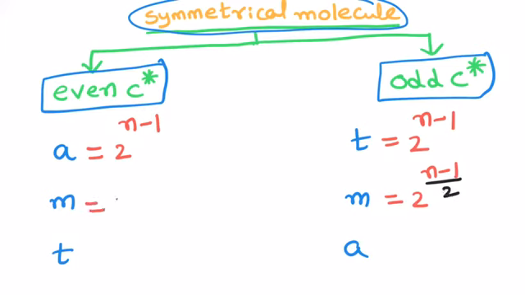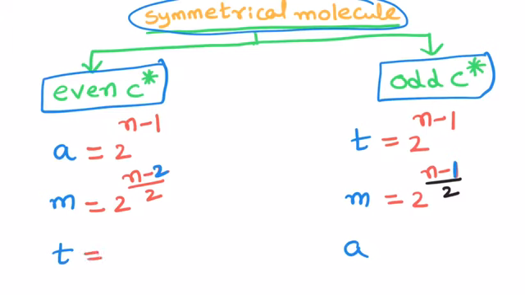M equals 2 power n minus 2 divided by 2. If you observe carefully, here 2 power n minus 2, here 2 power n minus 1. In an even number of chiral carbons, meso compounds are 2 power n minus 2 by 2. In an odd number of chiral carbons, meso compounds are 2 power n minus 1 divided by 2. Here 2 is present, here 1 is present.